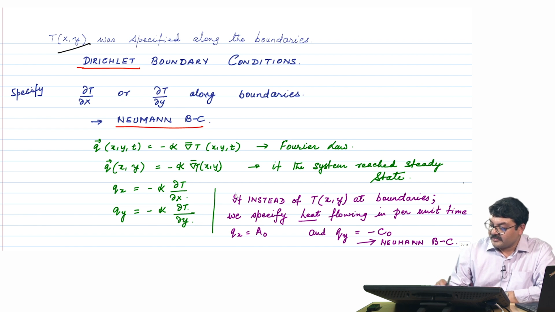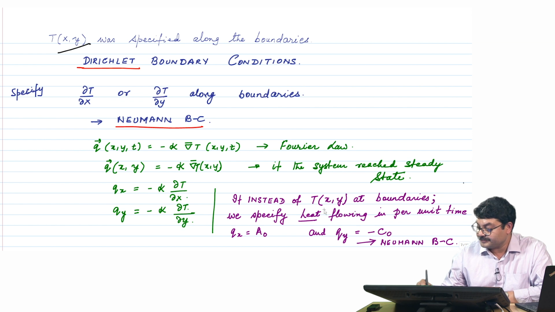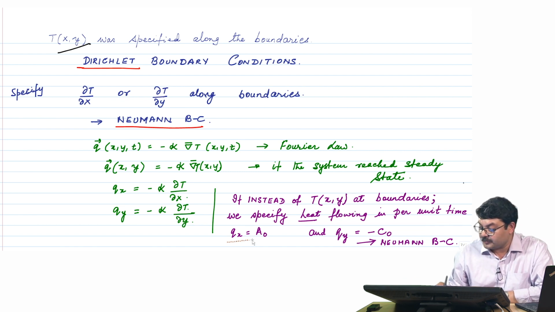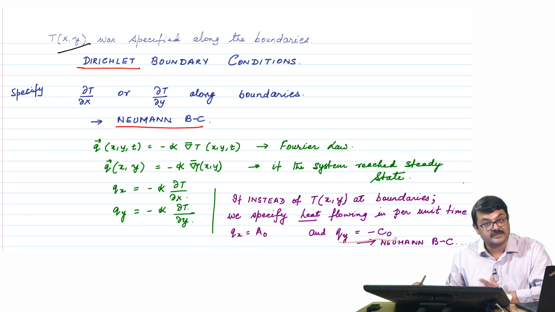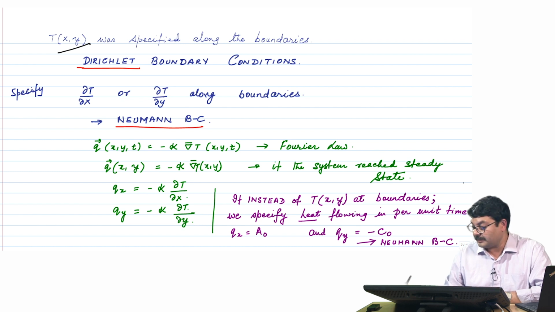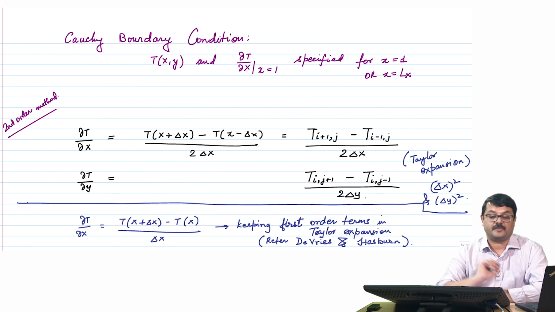Just to summarize, instead of T(x,y) at the boundaries, we specify the heat flowing in per unit time per unit area at the boundaries. Suppose we specify q_x equal to a_0, some amount of heat being transported along the boundaries, and q_y equal to some value c_0 along the boundaries. How do we solve the Laplacian and get our temperature profile? That is what we are going to discuss today.